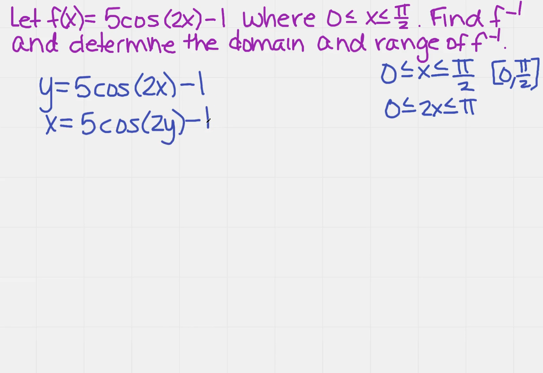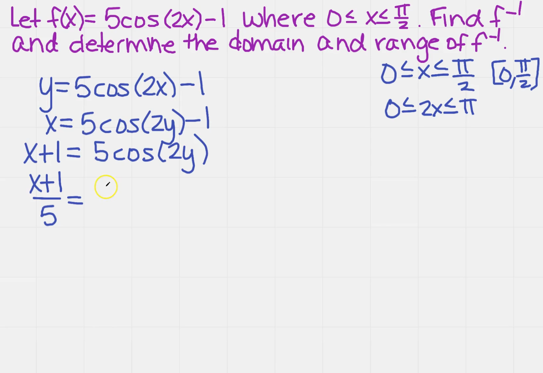Now somehow I'm going to have to get y all by itself. So the first thing it looks like I should do is add 1 to both sides. So I'm going to get x plus 1 equals 5 cosine of 2y. Now I need to just isolate the cosine, so I'm going to get x plus 1 over 5 equals the cosine of 2y. So far so good, right?